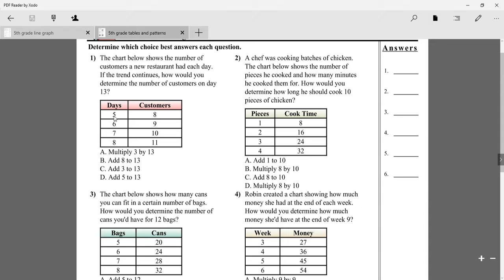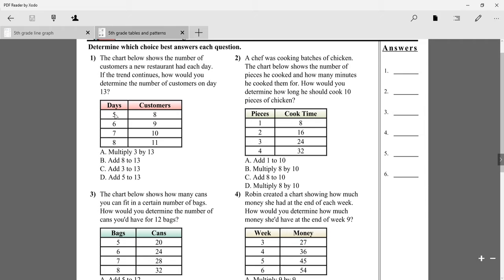Right here, day 5 is 8 customers, day 6 is 9, day 7 is 10, day 8 is 11. So it looks like as the days are going up by 1, customers are also going up by 1. But we do not have the same number. On day 5, it's 8 customers, and day 6 is 9 customers.